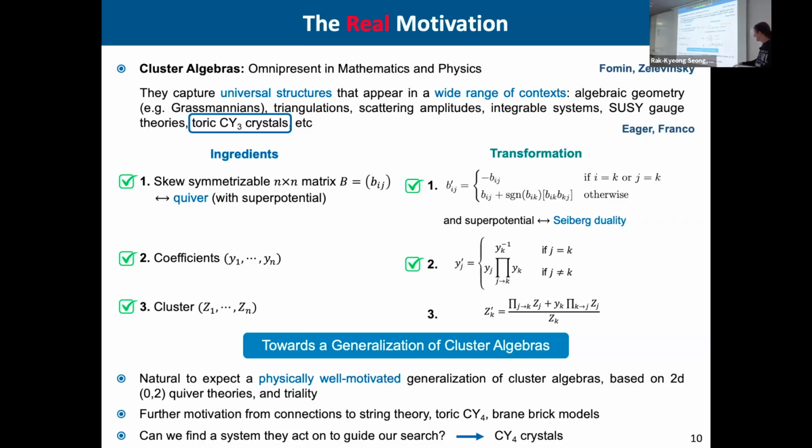And then I will argue that these partition functions for the Calabi-Yau 4 crystals are probably related, or the thing that we should consider there. Very good. We will see how far we go, right? This part we don't have, of course, sadly.